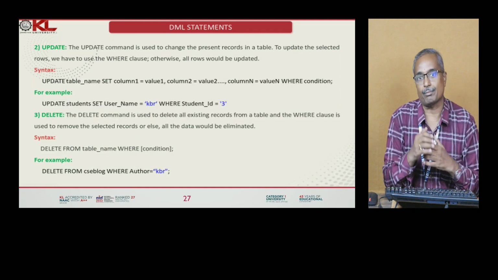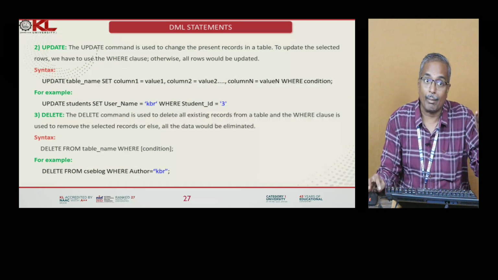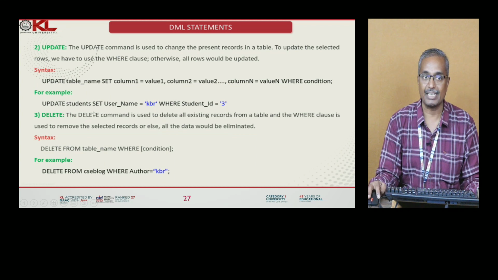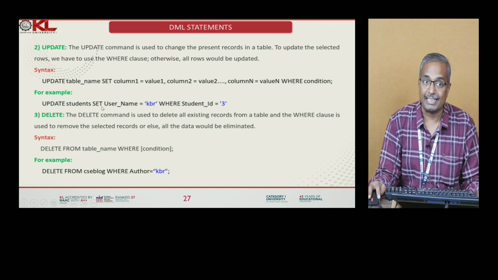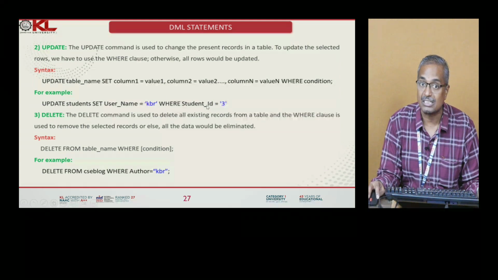So how to correct that mistake? I mean, how to update that data. To update that data, the update statement is used, right? So: update student set username equals to KBR where student ID equals to 3.